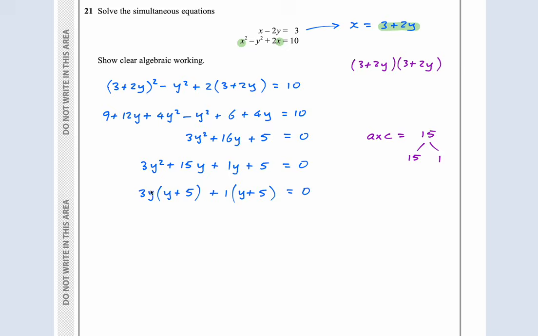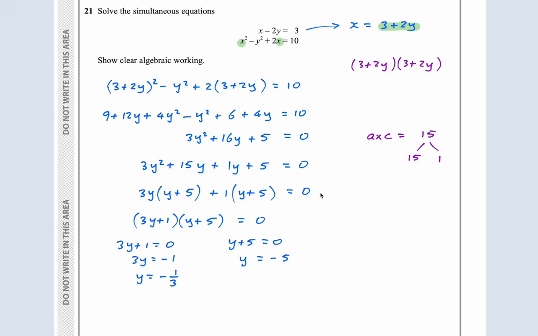Then the factors are just 3y plus 1 and y plus 5 equals 0, which then leads to 3y plus 1 equals 0, 3y equals negative 1, y equals negative a third, and y plus 5 equals 0, y equals negative 5. So now I have my two y's.